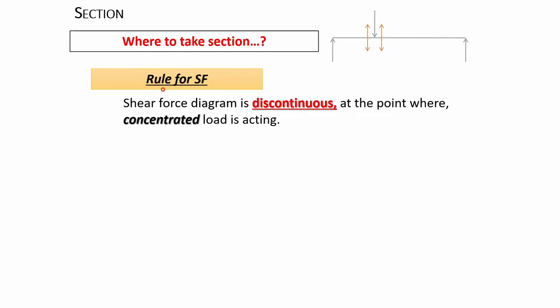When you are dealing with shear force, whenever you encounter a point load, take two sections, one just left and another just right of the point load. How exactly to consider that, I will explain when I deal with a problem.